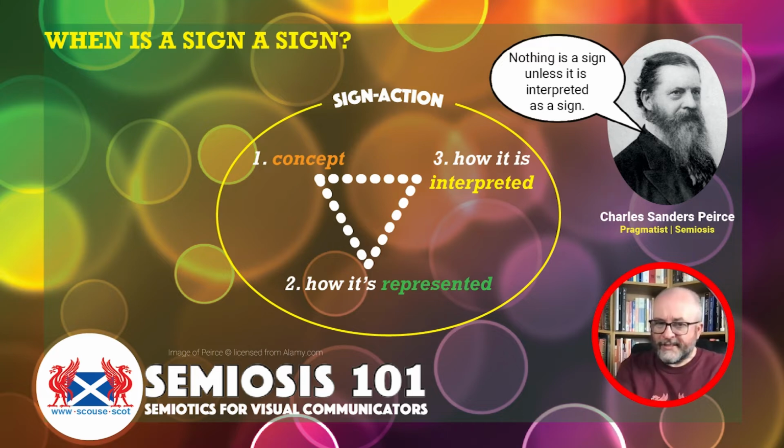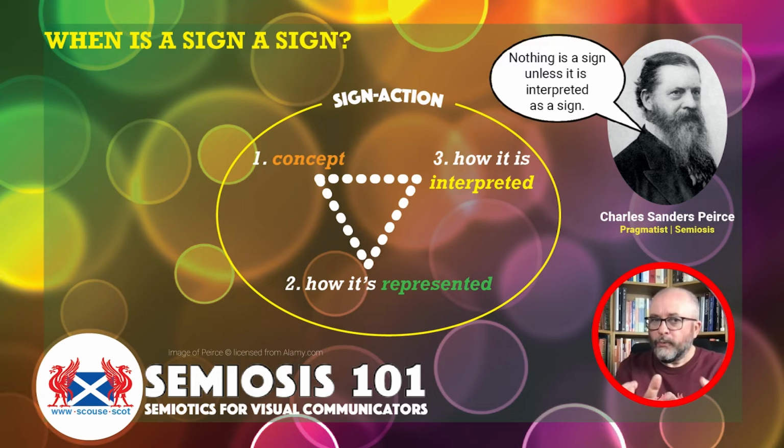But how we represent something of the concept that needs to be communicated is not enough. Now, semiology, the signified and the signifier, those two elements working together only takes us so far. And this is where Peirce is really useful for designers from very early stages of designing, because it doesn't just stop with the two, the dyadic.